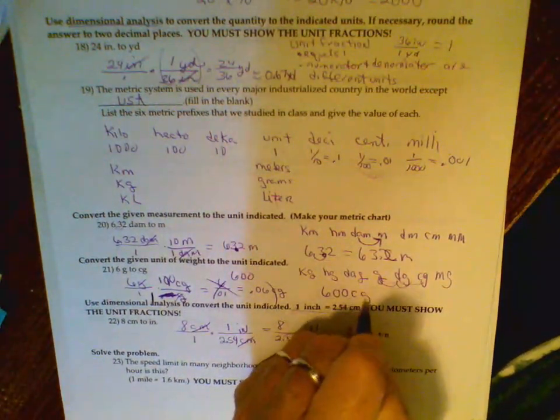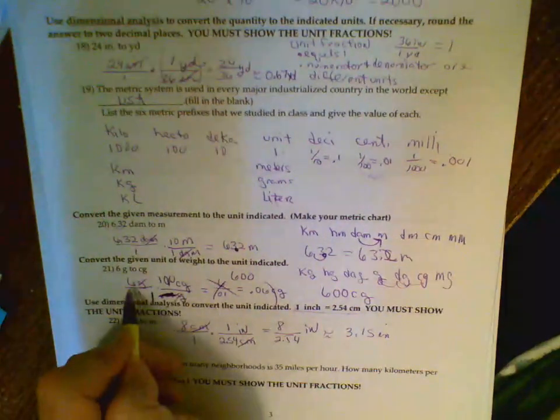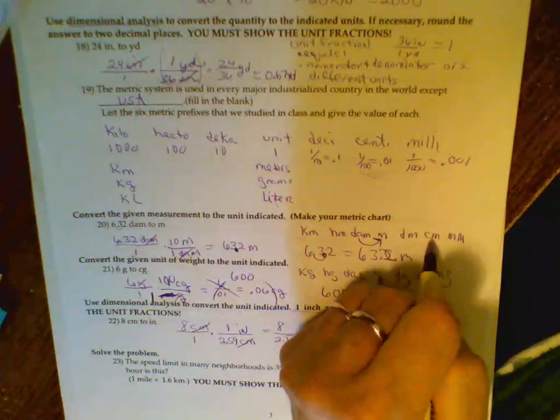I did that backwards. So that should be 600. And then from grams to centigrams, I'm going to go 1, 2, 600 centigrams. Sorry about that. Hope that straightens that up. I have 6 grams, and I know that there's 100 centigrams in 1 gram. I don't know why I messed that up. 600 centigrams. And there's a couple other problems that you can try.